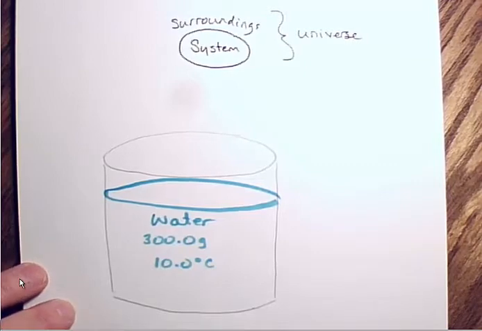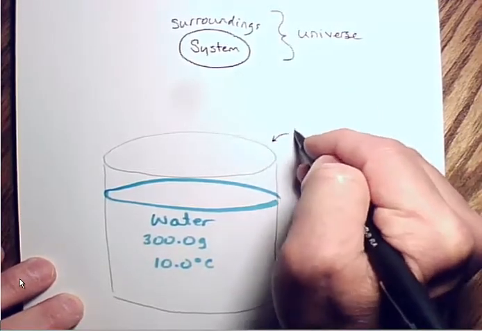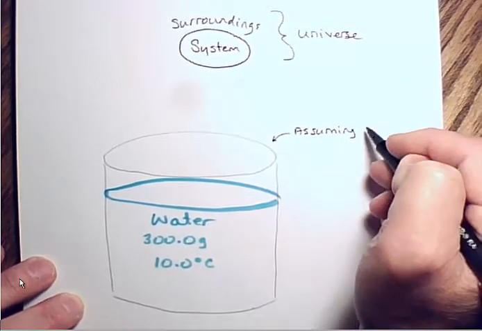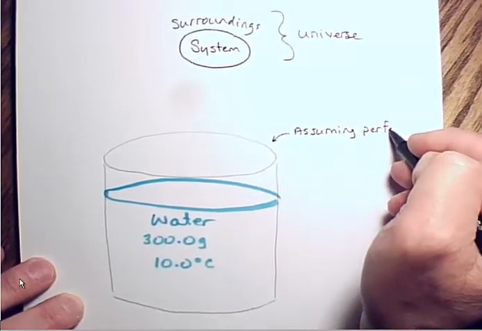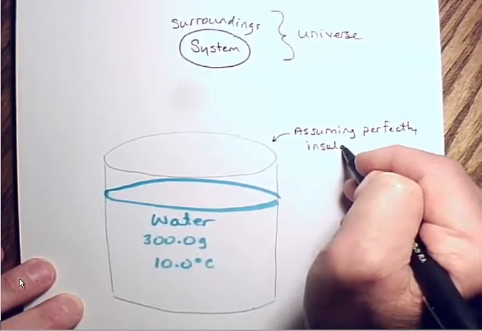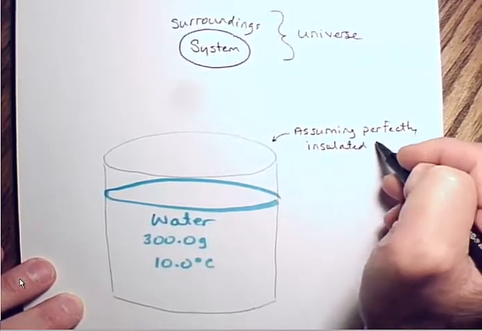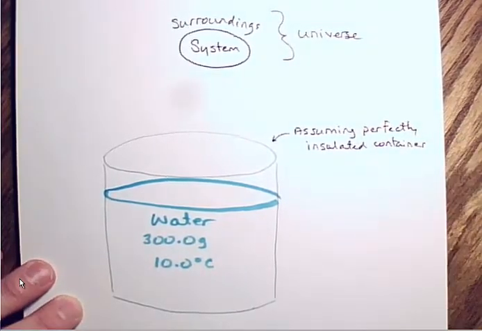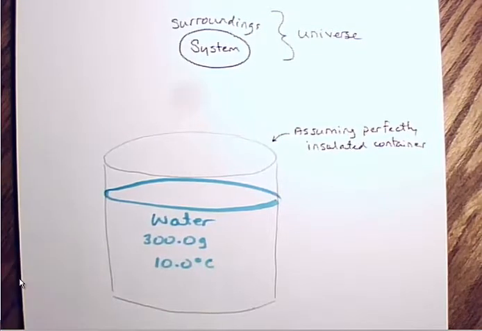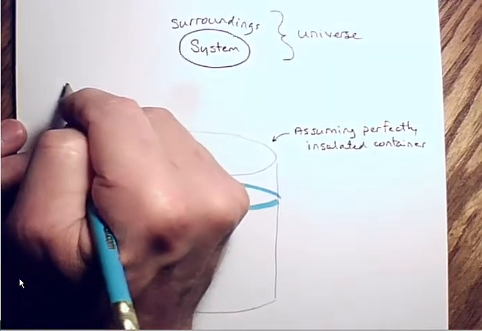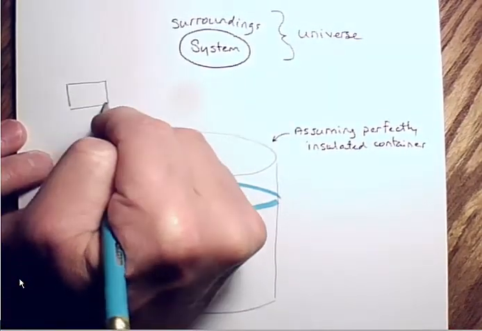So we're assuming, for the purpose of our theoretical discussion here, that this is a perfectly insulated container. Into this perfectly insulated container, let's add ourselves a chunk of iron.